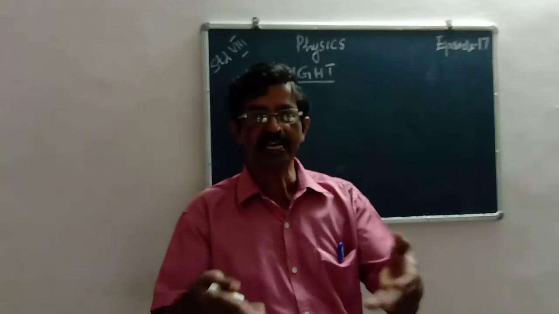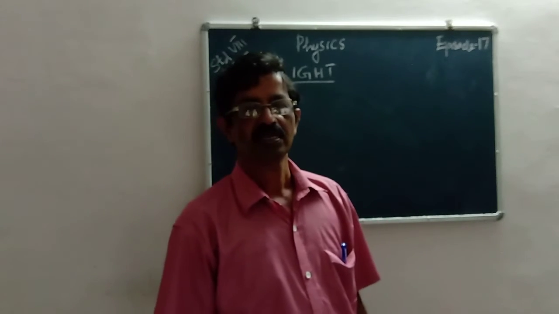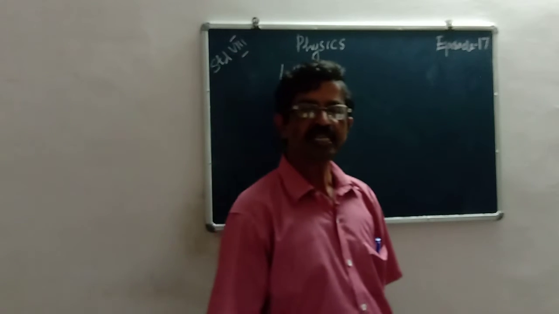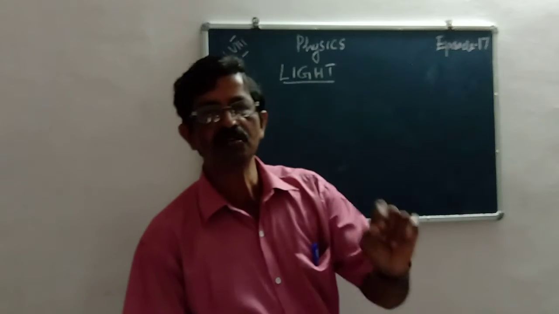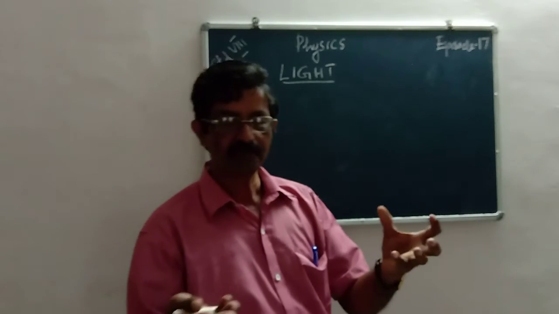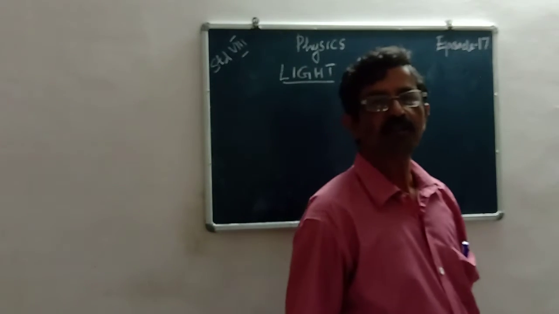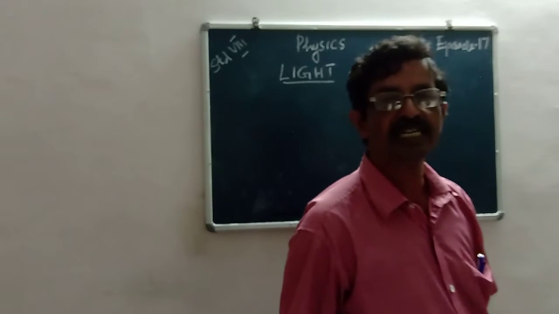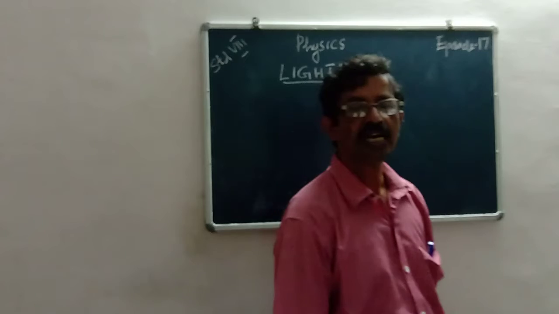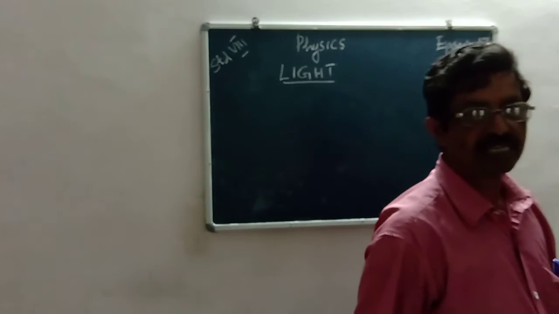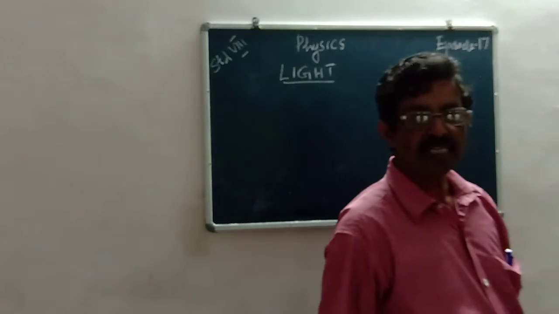That means in a dark room we cannot see objects. That means with our eyes alone we cannot see objects. For that, light is required. So to see an object, what is required?